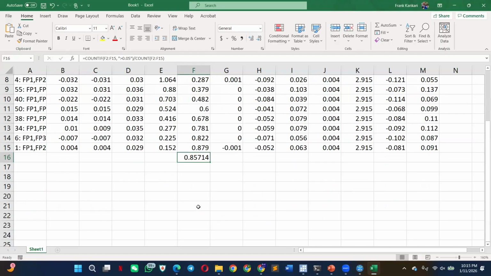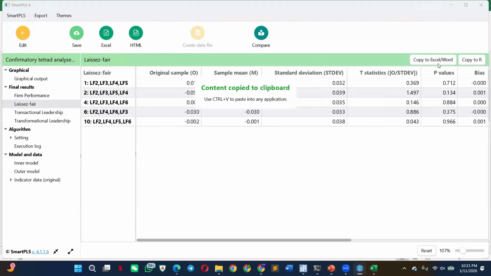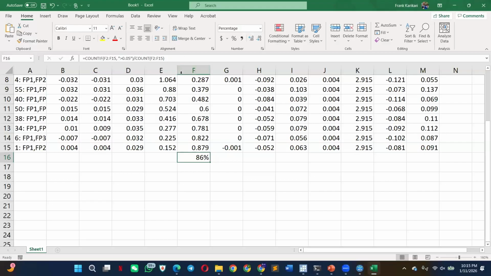So this means that the assumption for reflective is not violated, right? You can just select percentage in here, and then it will give you the threshold. Let's see for the other constructs. Let's have the same approach. Okay, so I can paste.